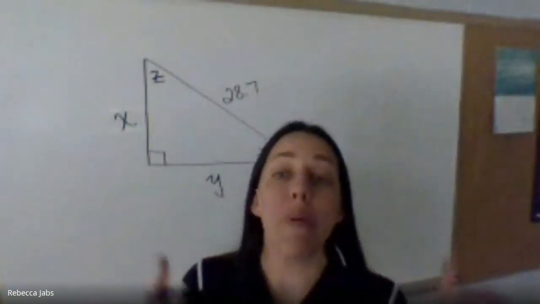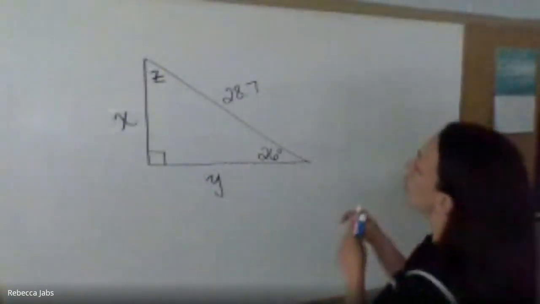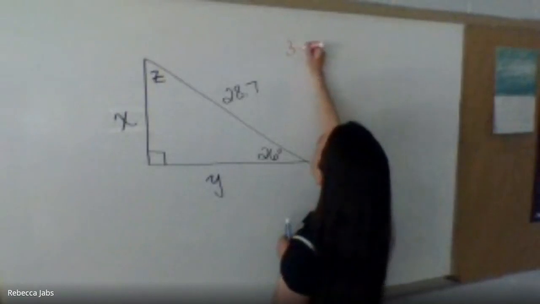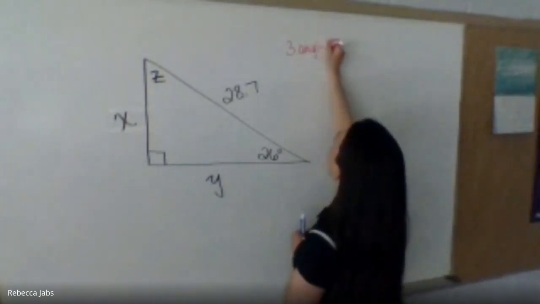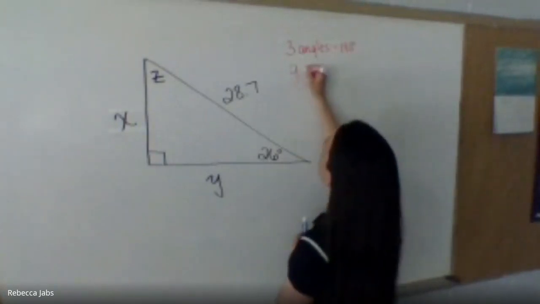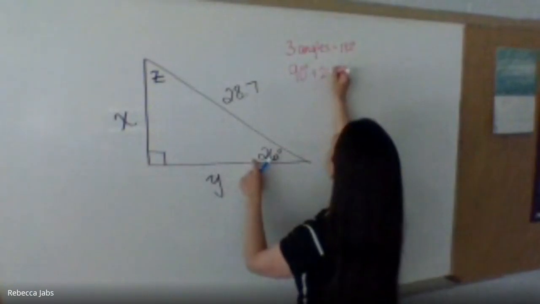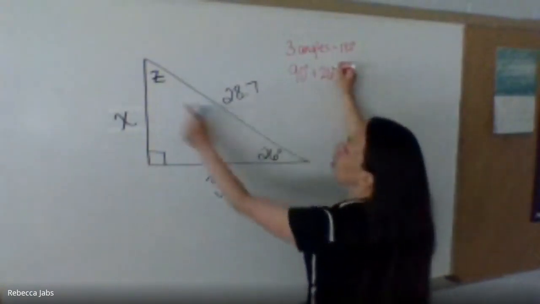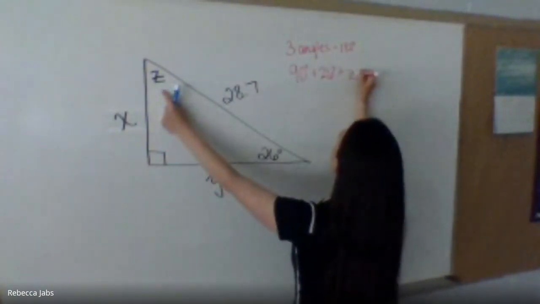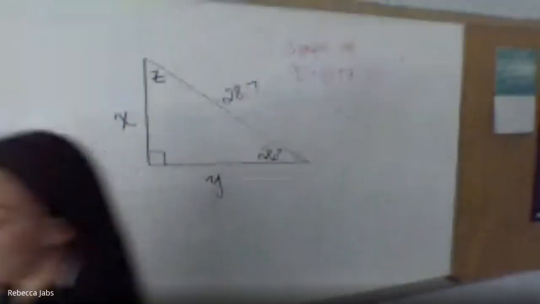The first one we probably could have done at the beginning of the year. You guys already answered this because we know the 3 angles equal 180. So I'm going to write 90 degrees because that's this angle, plus 26 degrees, plus Z equals 180.